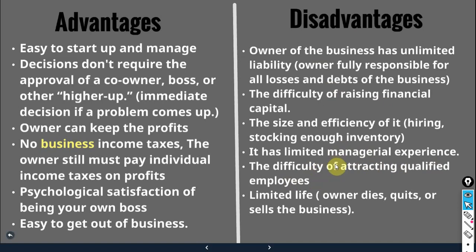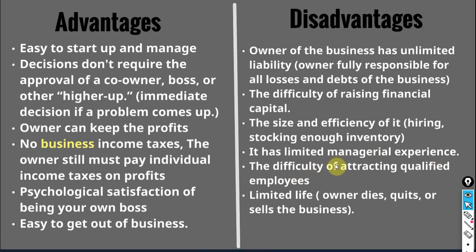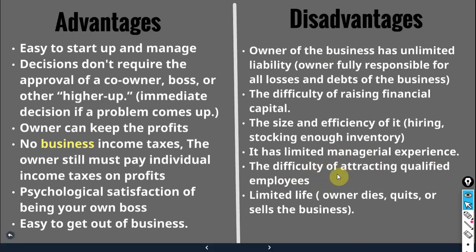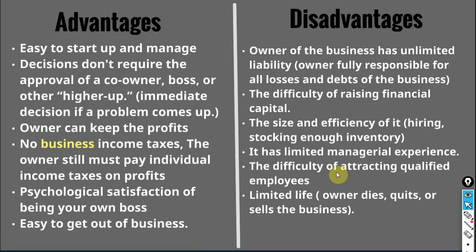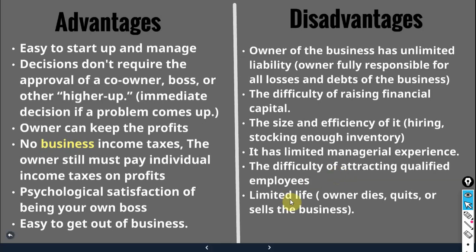The problem here is that most graduate students would rather go to big companies than that kind of business. Limited life: the owner dies, quits, or sells the business. That's why it has a limited life.